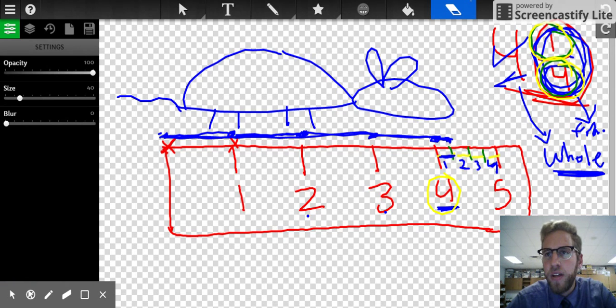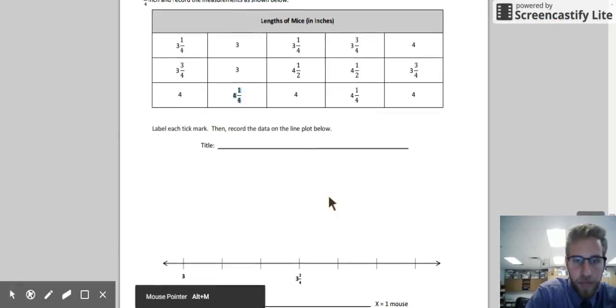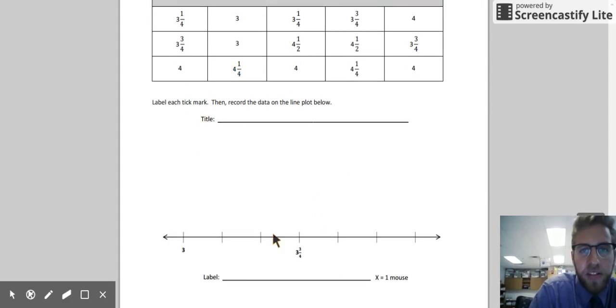And the reason we're going over this is because flipping back to our homework, they want us to take all these numbers and put them on our line plot. But here's the thing. We have to put all the numbers in order on the bottom here from least to greatest.